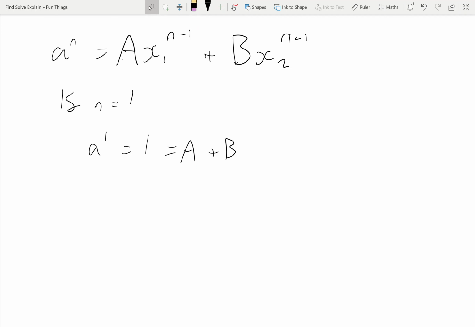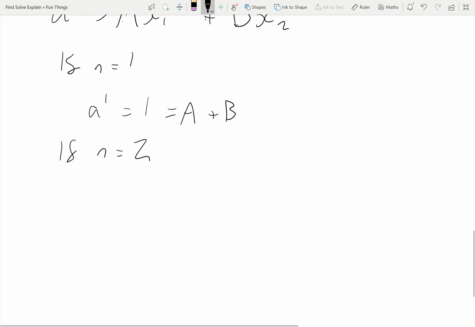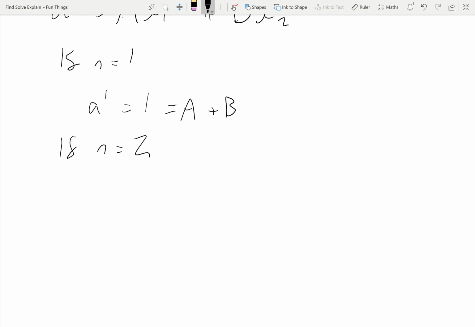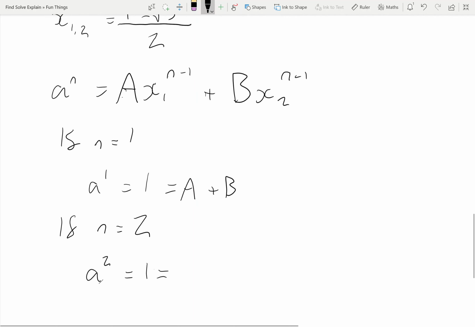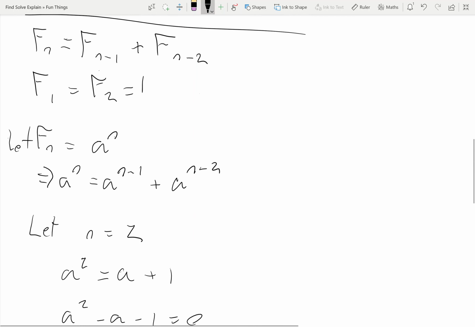And now we can take a look again at the second Fibonacci number, which is 1, again. And we get a_2 is equal to 1, because we already know that from all the way up here.